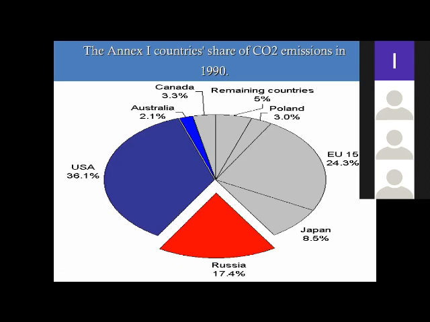There is a convention. The main emitters are USA, EU, Russia, Japan, and so on, Poland. Those countries are the most emitting countries throughout. So they are historically responsible for this climate change. So that's why in the negotiations we show these things and see how we can come up with a remedy.